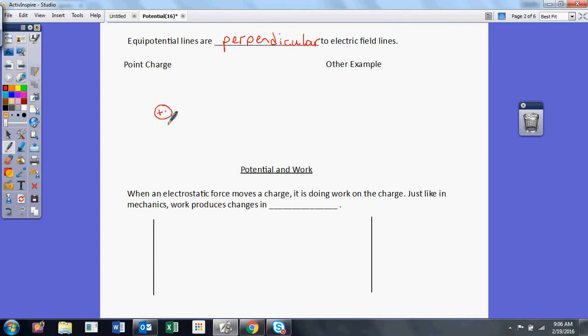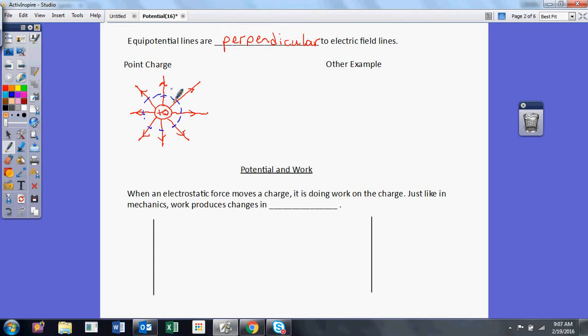So if we imagine a point charge, what the equipotential lines would look like. So I'm going to pick a positive Q. The electric field lines, we'll always draw with solid lines, would go out radially from a point charge. Since this is a positive charge, they would point away. Now I'll put on my equipotential lines. We'll usually do these as dotted lines. So the equipotential lines, if you imagine them, they have to be perpendicular to the electric field lines at every point.